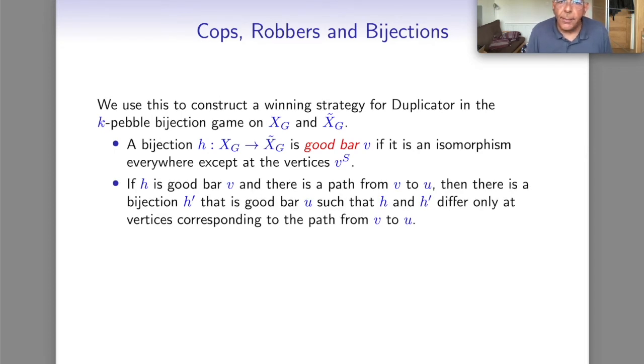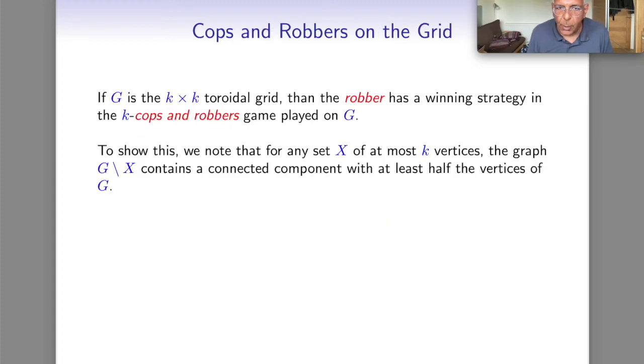The idea is that if we have a bijection, which is an isomorphism everywhere except at the gadget corresponding to V, so V now is a vertex in the underlying graph G, and there's a path in G from V to U, then we can construct a bijection which is an isomorphism everywhere except at the gadget corresponding to U, in such a way that these two bijections differ only on the vertices corresponding to the path from V to U. The idea is, and I'll just go back to a picture of the gadget.